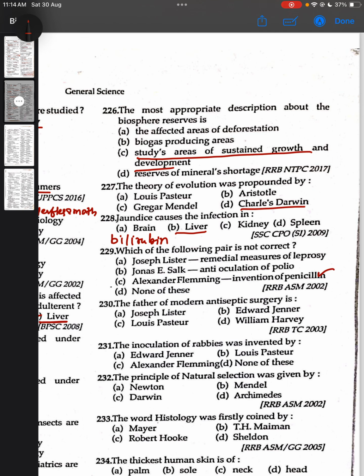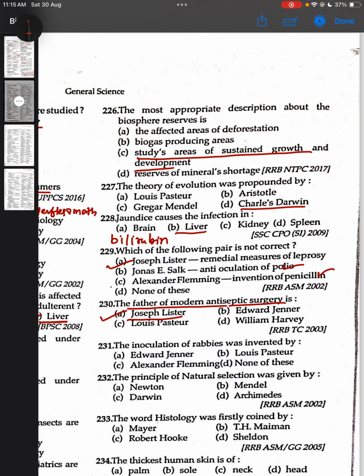Jonas E. Salk anticoagulation of polio, this is also correct. But Joseph Lister, this is not correct. Joseph Lister is associated with the use of carbolic acid to prevent infection before and after surgery. He is known as the father of modern surgery. The father of modern antiseptic surgery is Joseph Lister.